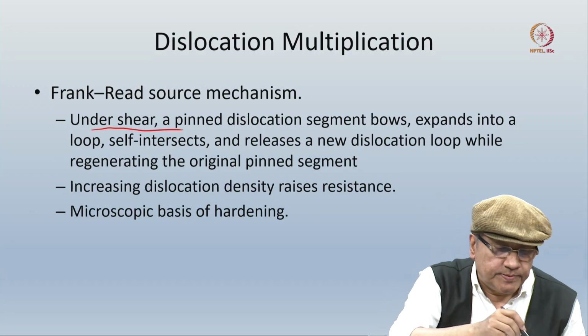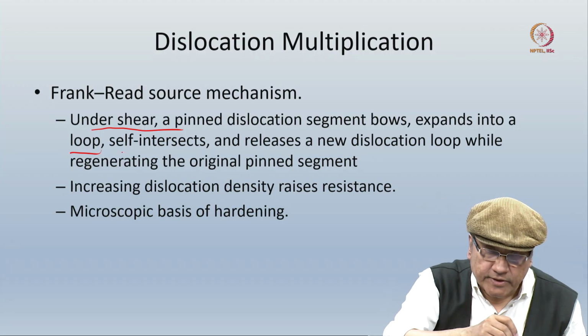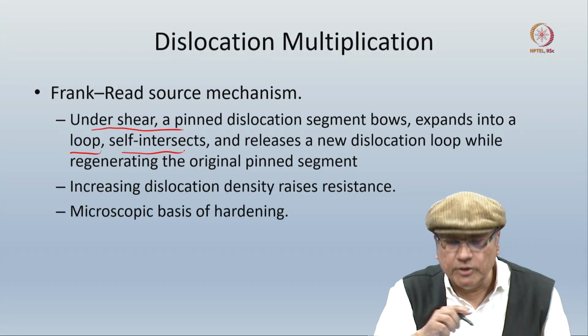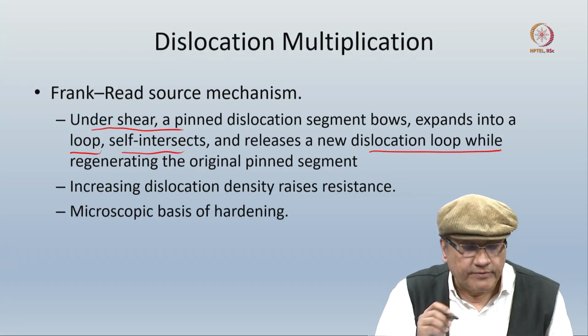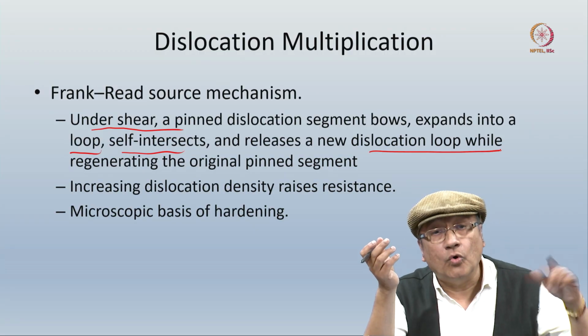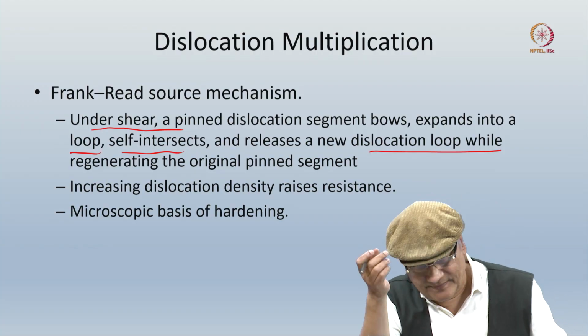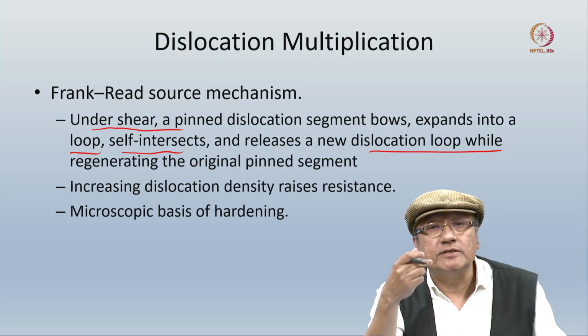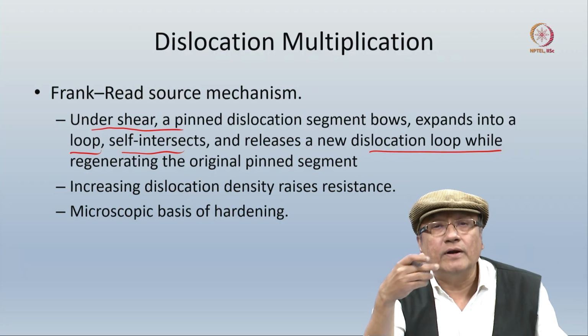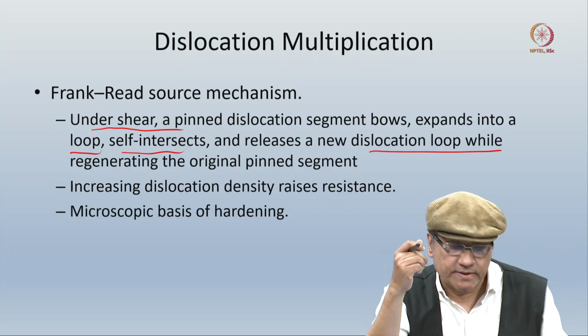So, it becomes a loop. There is a self intersection and a new dislocation loop is released, and the old pinned dislocation segment is reproduced. Like that, new dislocation loops can go on getting released by a Frank-Read source.